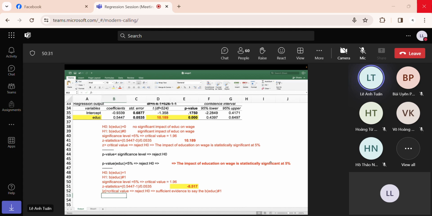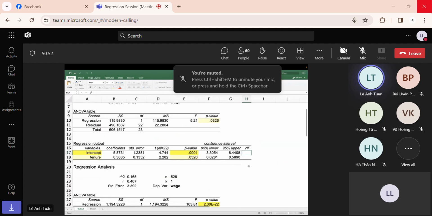When you say significant here, that means the impact is significant and different from zero. Statistically significant here means it is different from zero.